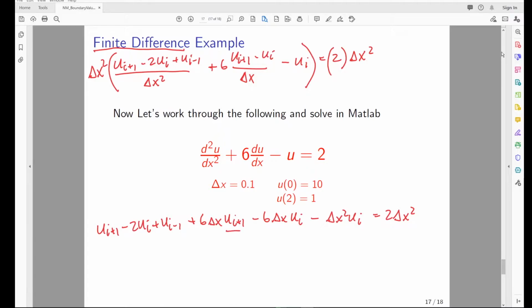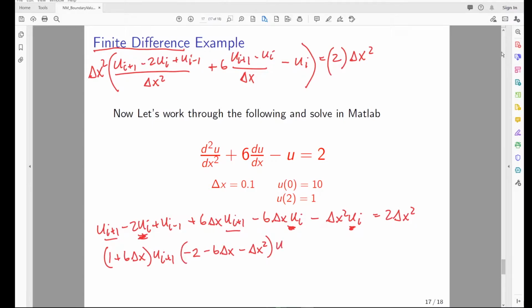So we're going to take the ui plus 1s first of all, and that's going to be 1 plus 6 delta x times ui plus 1. Then we're going to take all of these for the ui's. So we have a minus 2 for this one, a minus 6 delta x for this one right here, and a minus delta x squared for this one right here.